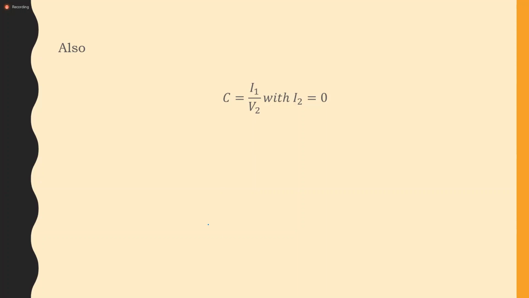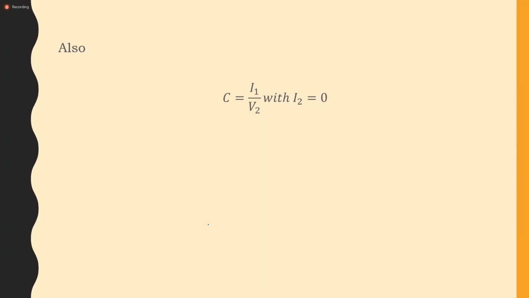Remember, ladies and gentlemen, the objective in finding these parameters is to find a relationship between the two variables. So C is connecting I1 and V2. Your task is to ask how I1 and V2 are connected.